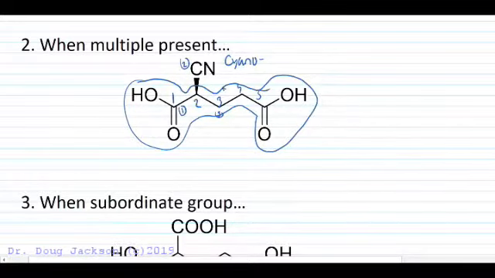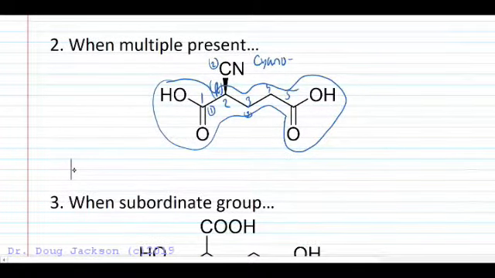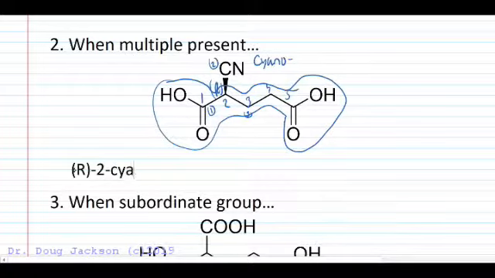That's an R. Clockwise rotation there gives us an R chiral center indicated at position 2. We don't need a number because there's only one chiral center, so we'll just call that an R here. And that's an R-2-cyano.